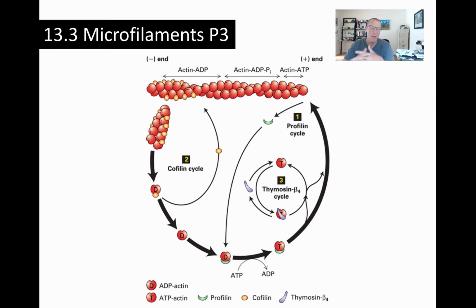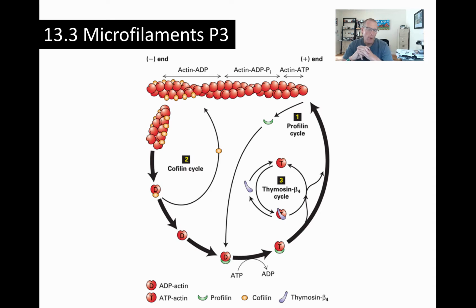There's a whole bunch of actin binding proteins that control the polymerization and patterns of polymerization of actin into actin filaments. So we see control at the nucleation step, at the elongation step, and also we see an ability to sever the filaments, which in turn will stimulate depolymerization.